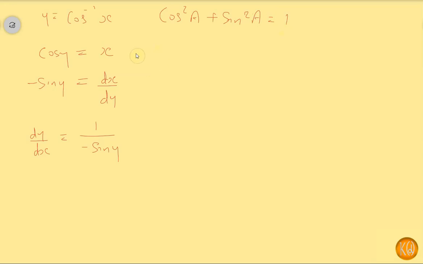Right, so if we let cos squared a be the subject, then we would have cos squared a equal 1 minus sine squared a, right? Sorry, not cos squared, we should let sine squared be the subject.